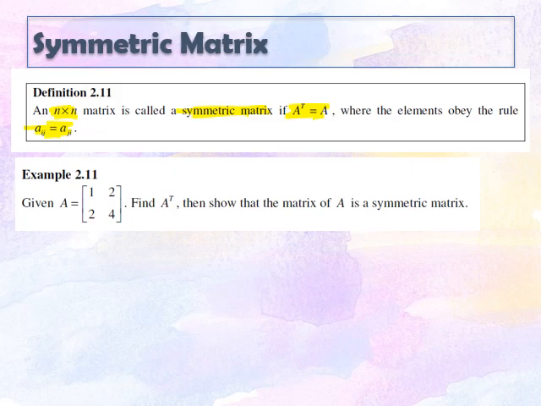Maybe we can look here. A transpose is equal to what? 1, 2, 2, 4, right? It's the same thing that you will get. So A transpose is equal to A. So this is symmetric.